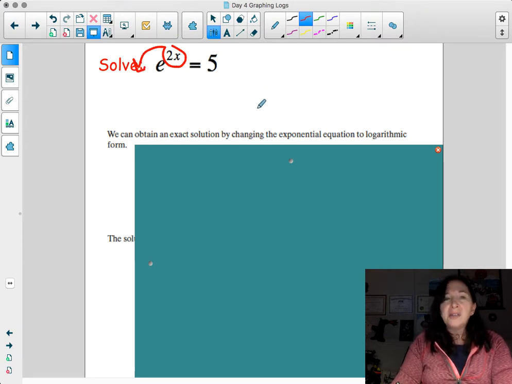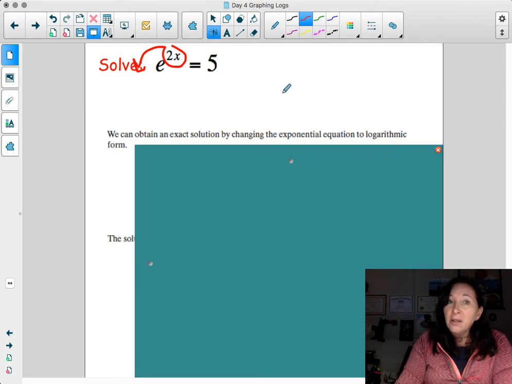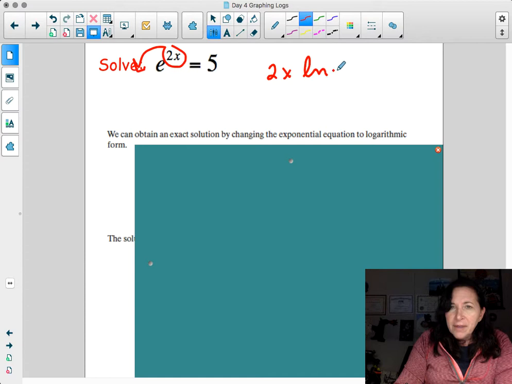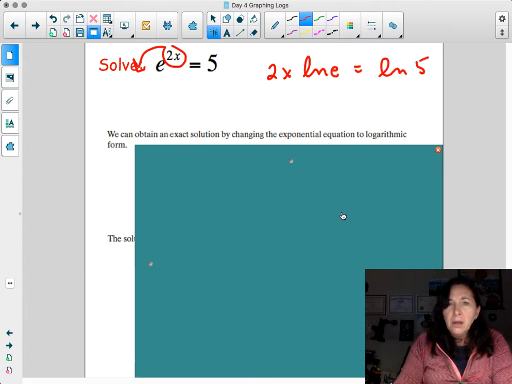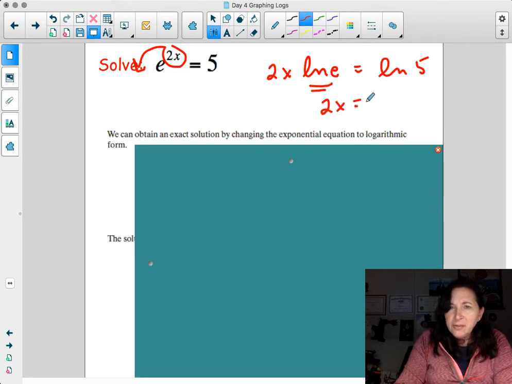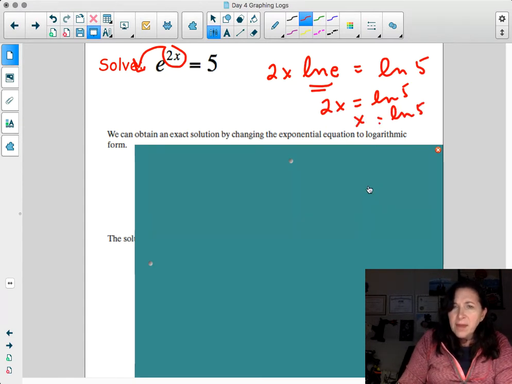Well, what's the inverse of e to the x power? It's ln of x. So you have 2x ln of e is equal to ln of 5. Well, this right here is 1. So I really have 2x equals ln of 5. Well, divide by 2, I get x equals ln of 5 divided by 2.